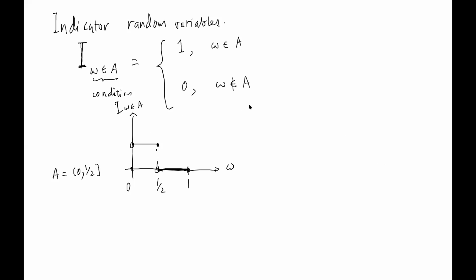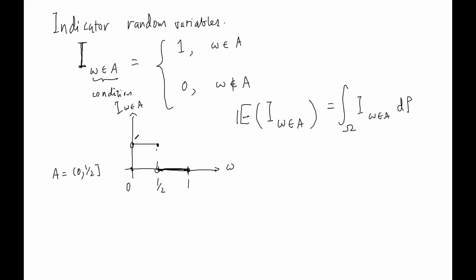And therefore, if you find the expectation of, let's say, I_A, you go by the definition of the Lebesgue integral, it will be just like this, right? The integral with respect to P over omega.